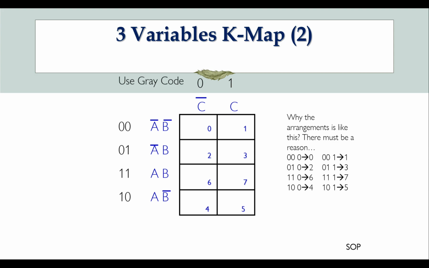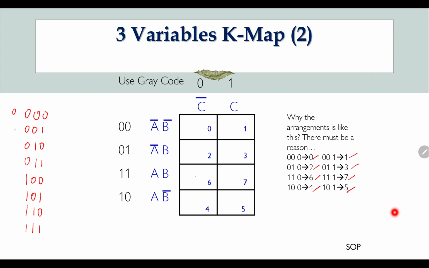This is an example for 4 times 2, which is 3 variables, A, B, C. For this arrangement in the K-Map, for 3 variables, you have 000, 001, 010, 011, 100, 101, 110, 111.